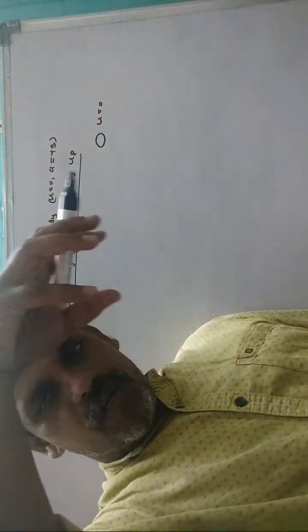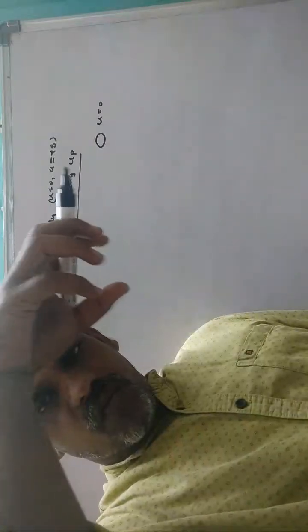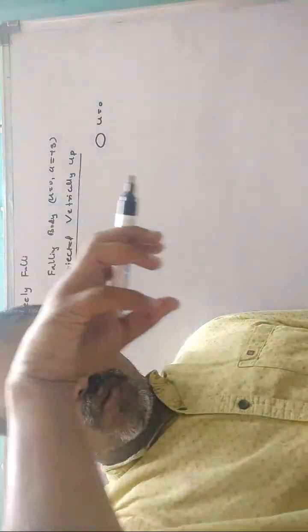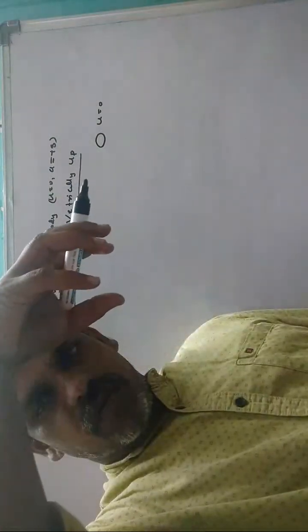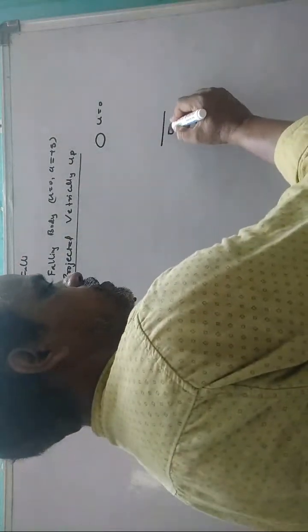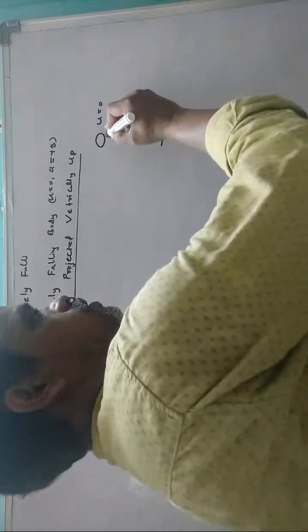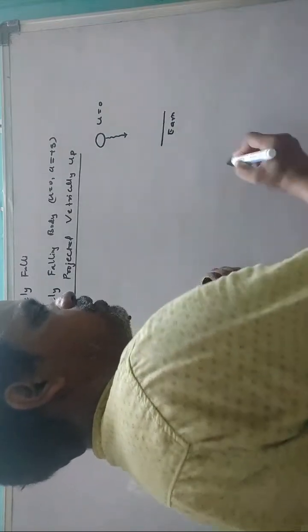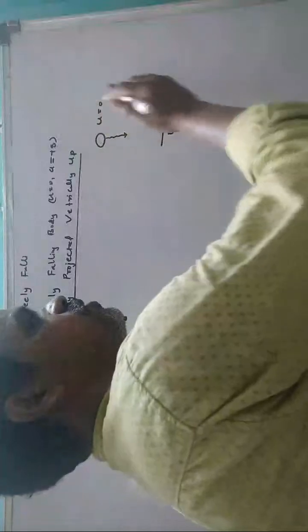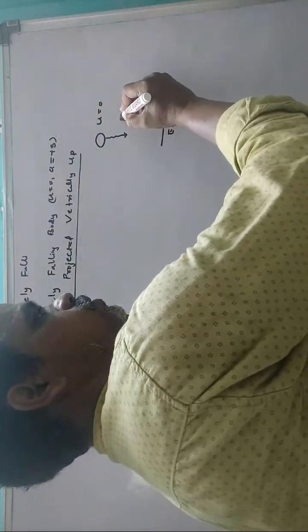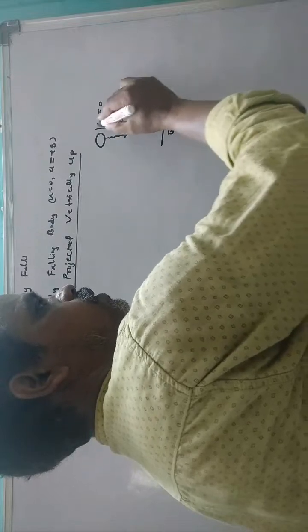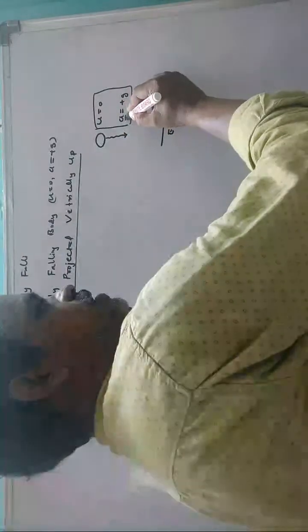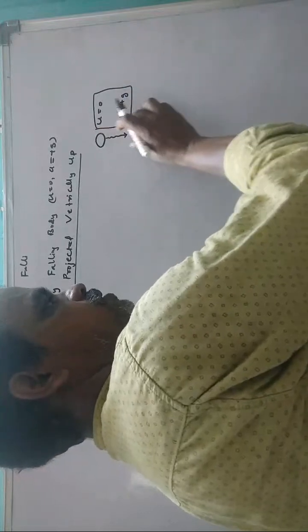So why is it going down? The gravitational force acting on the ball is downward, so the force acts in that direction only. The displacement of the body is also in the same direction. The body is moving downward and the gravitational force also acts downward.